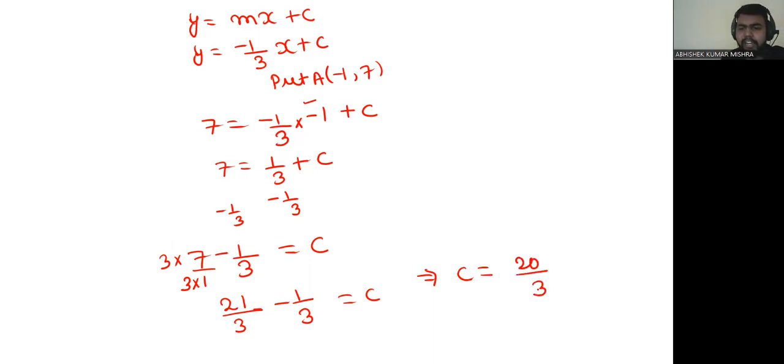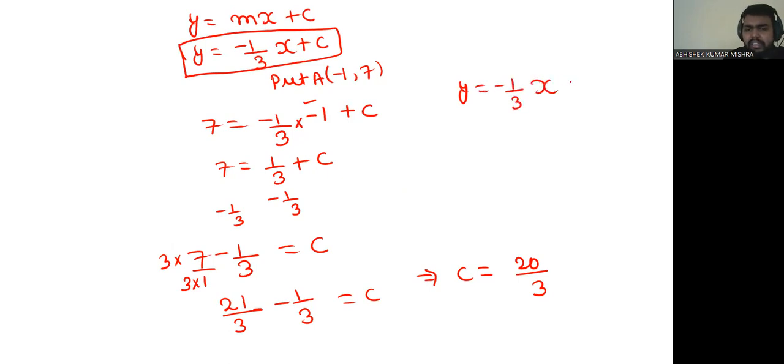So that is the value of your c. And what would be your equation? You just put the value of c in this equation. So y is equal to -1/3 x, and your c is simply plus 20/3.